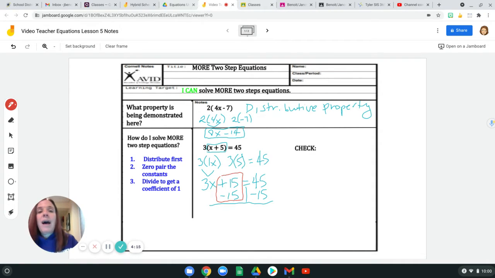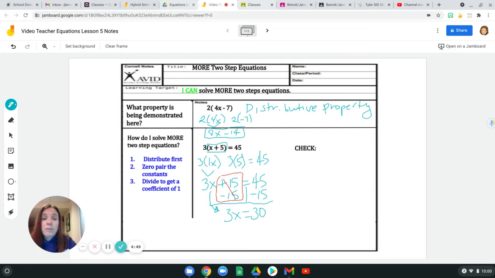If you have a positive and negative of the same number, you've made 0. I see a positive 15 and a negative 15, so that did make 0. And then just bring down what you have left. There's a 3x, and we have some math to do on the right side of the equal sign. And don't forget your equal sign. 45 minus 15 is 30. 4 minus 1 is 3. 5 minus 5 is 0. We have 3x equals 30.